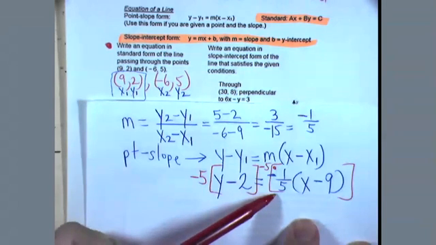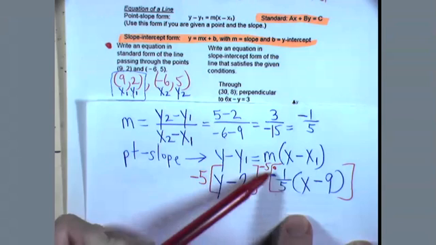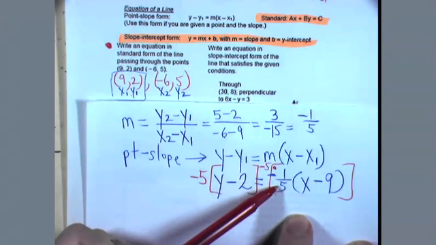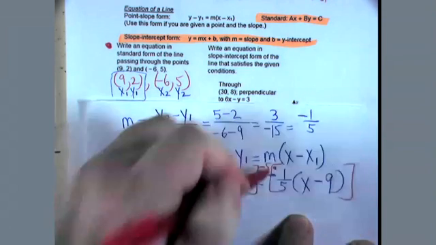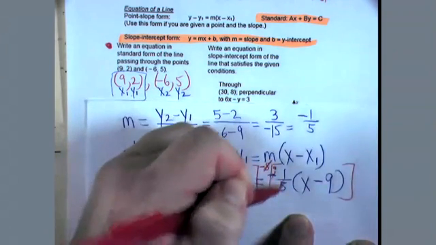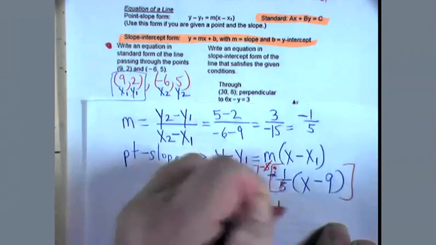Now here in the middle on the right hand side, watch what happens. Negative 5 divided by negative 5, that just leaves you with 1, right? So the negative 5's cancel out, and you're just left with 1.